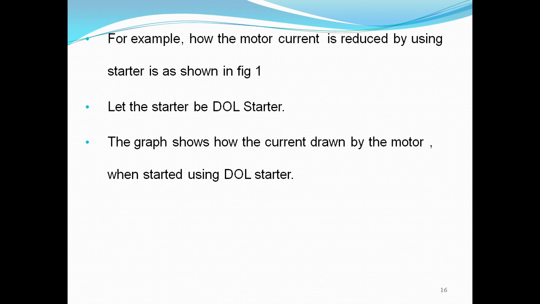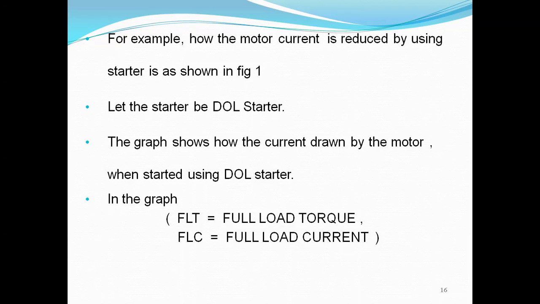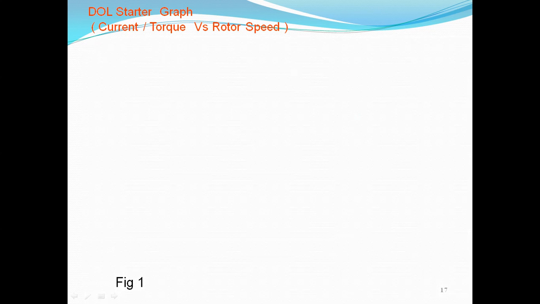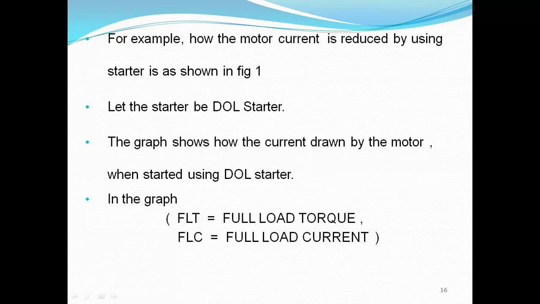So how is the current reduced by using the starter? Let the starter be the DOL starter. This shows the full load torque and full load current.